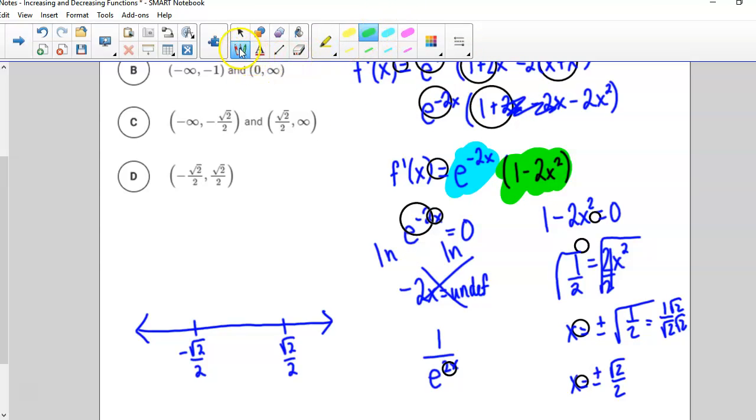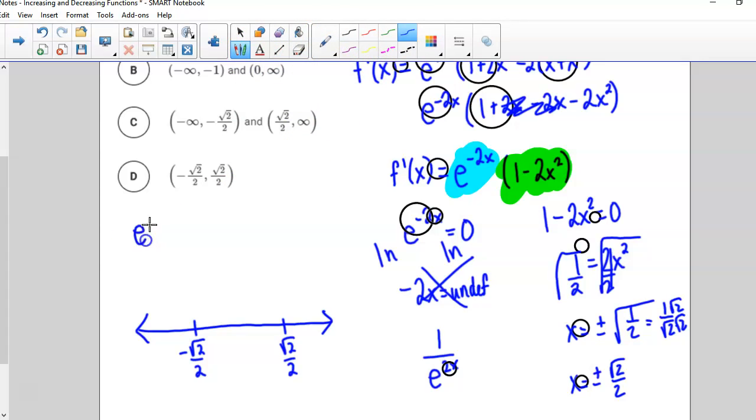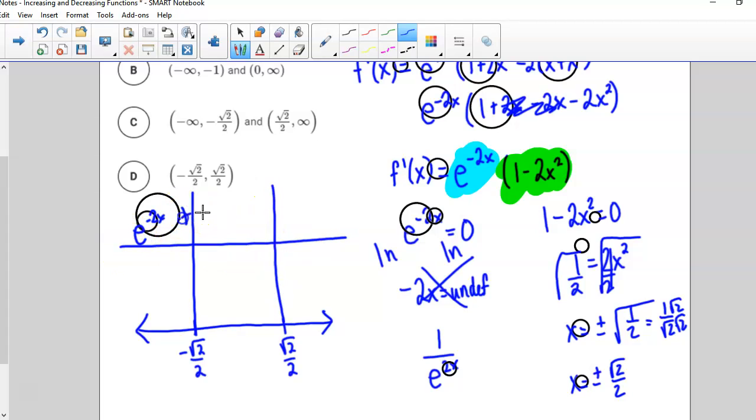So when I'm thinking about this, e to the negative 2x is always positive, so I don't really have to consider it very much. 1 minus 2x squared is really what's going to tell me whether this is positive or negative.